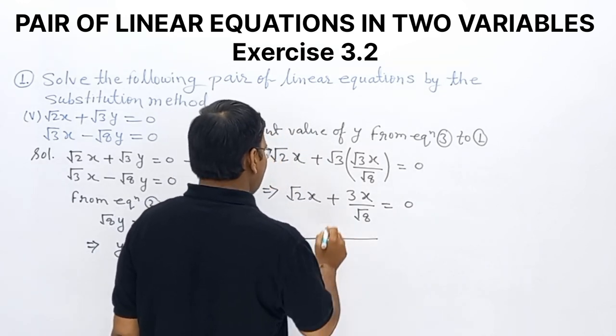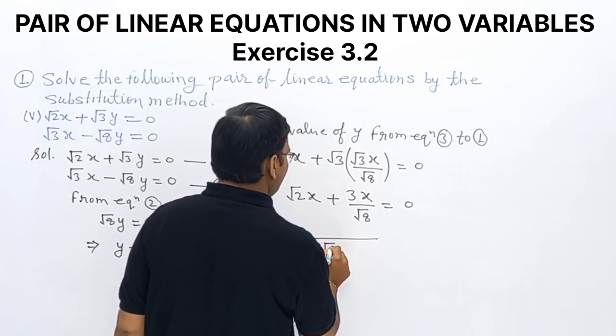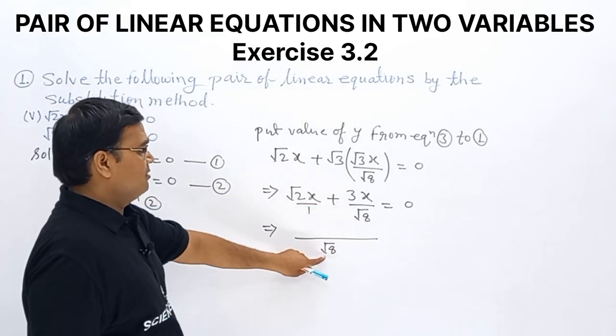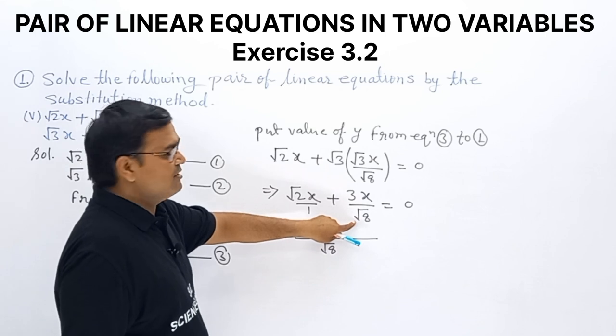What will be the LCM? The first term has denominator 1, so square root of 8 will be the LCM.